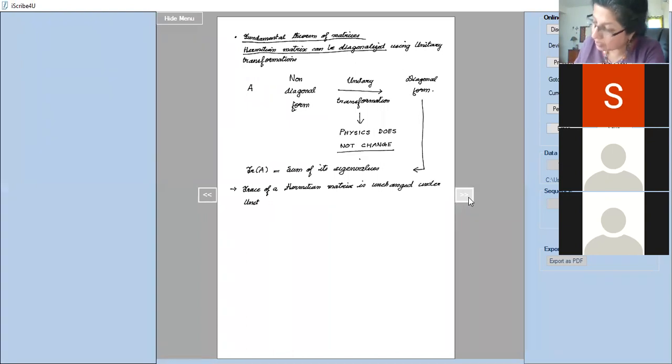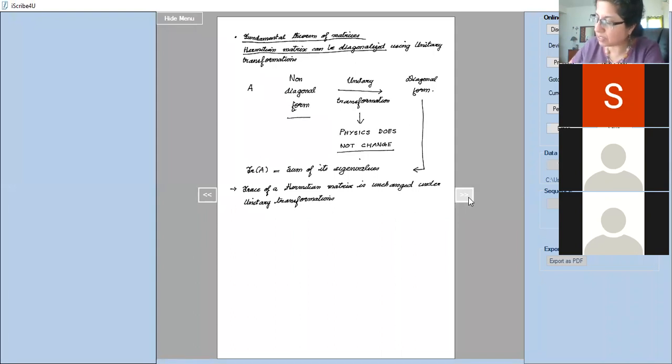You may have learned this as a theorem in matrices, but right now we are going to cast it in the light of quantum mechanics. So what am I saying now?